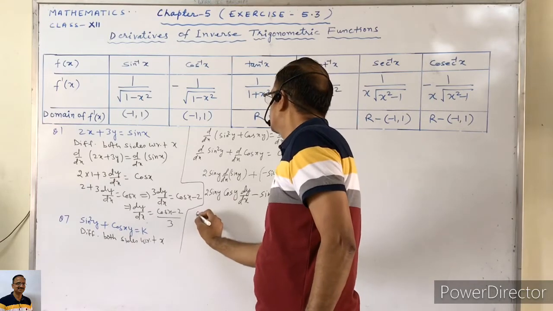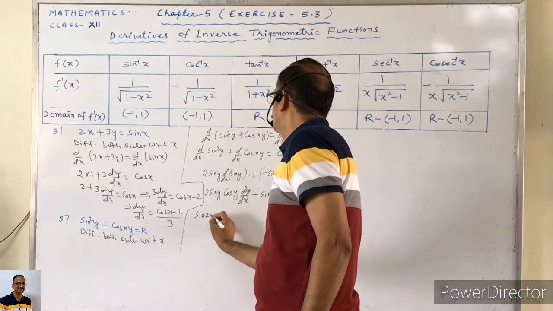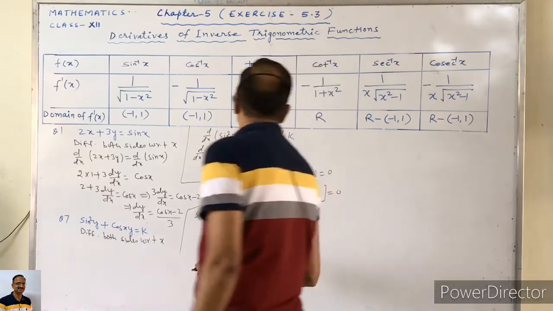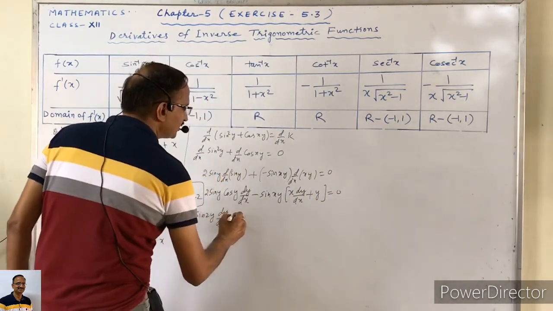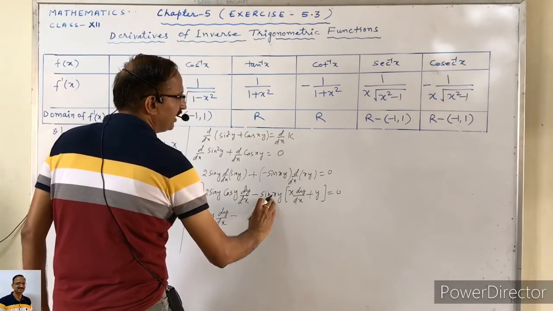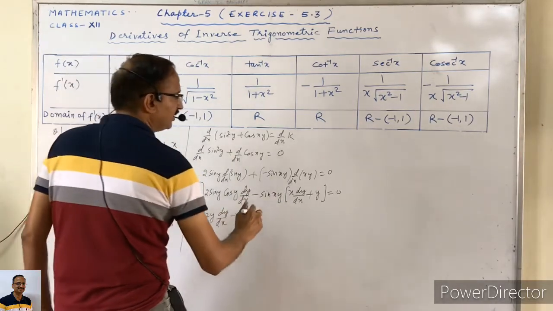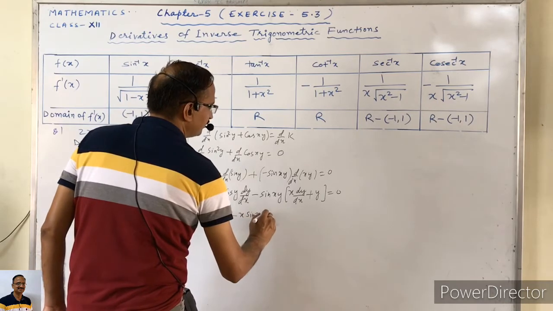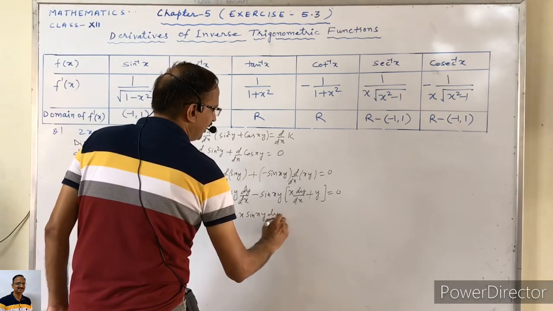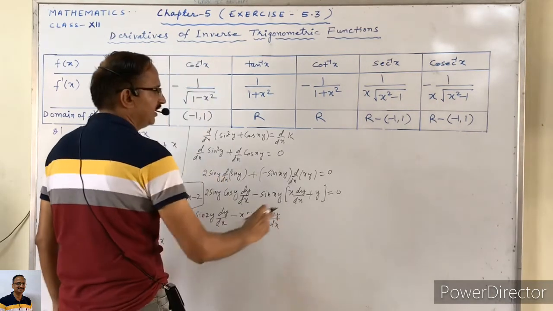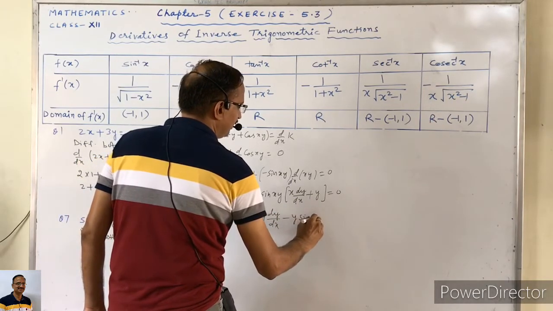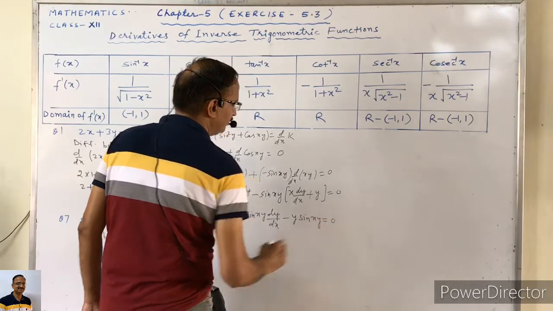So it is sin 2y dy by dx. Now minus, when we multiply this, open the bracket, then we will get x sin xy dy by dx, and this is minus y sin xy equals to 0.